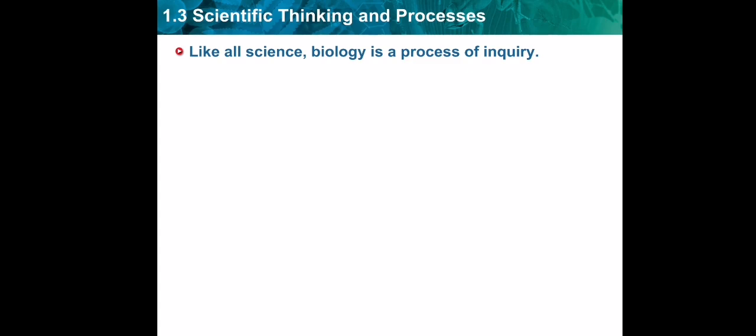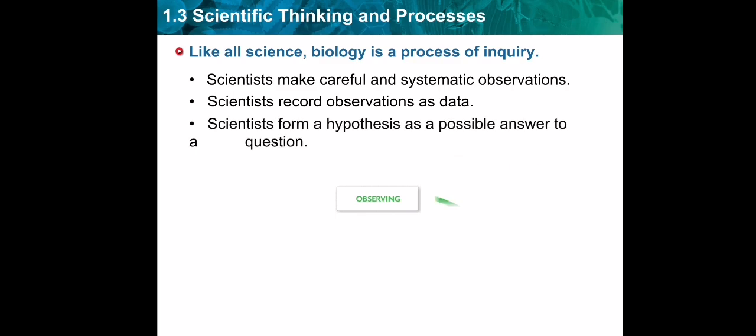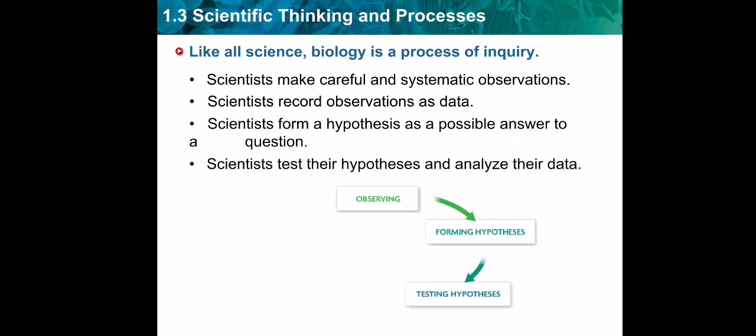Like all science, biology is a process of inquiry. Scientists make careful and systematic observations. Scientists record observations as data. Scientists form a hypothesis as a possible answer to a question.